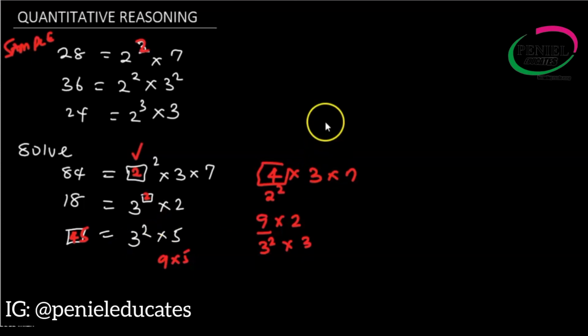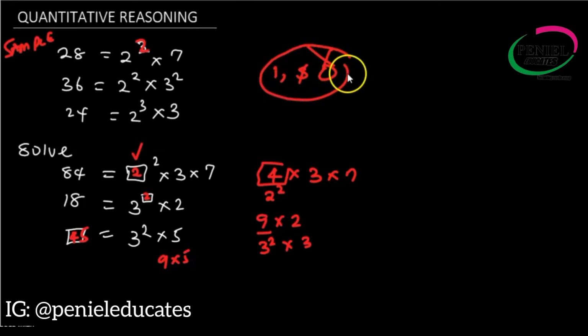And we also discussed that 1 and 0 cannot be prime numbers. They are not prime numbers. All right. We also discussed composite numbers. We said composite numbers are numbers that can be expressed as the product of two smaller whole numbers.